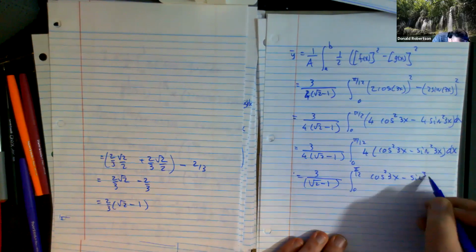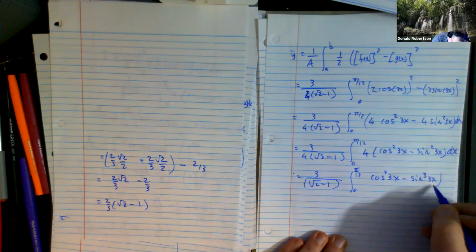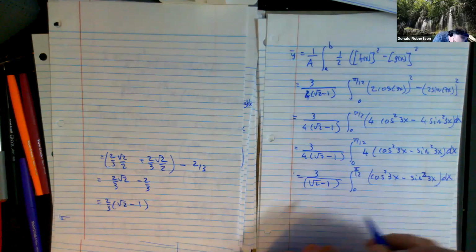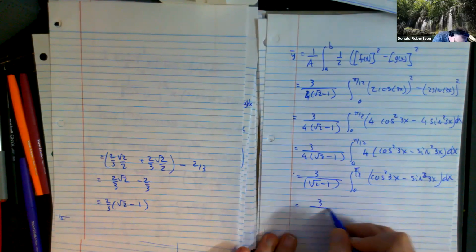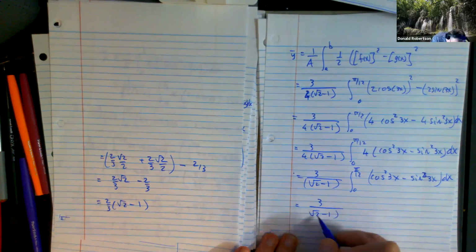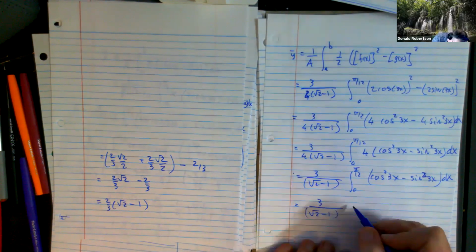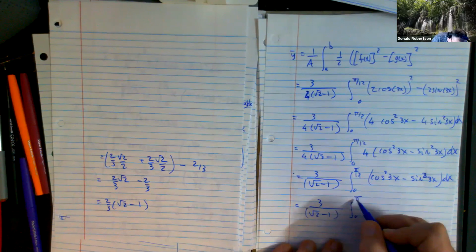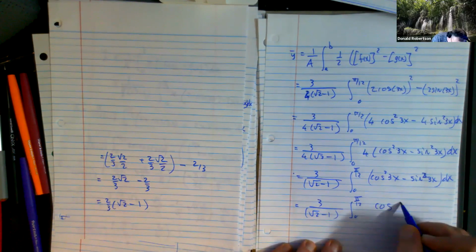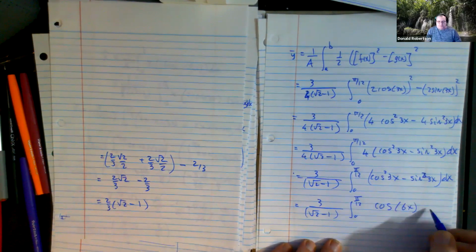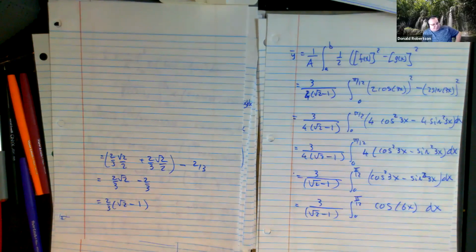And now I'm going to do some magic. I didn't think I'd get this finished, but pretty much I'm going to almost finish it. Whoa, where did that come from? Cos squared 3x take away sine squared 3x is cosine of 6x. Right? That's a magician.